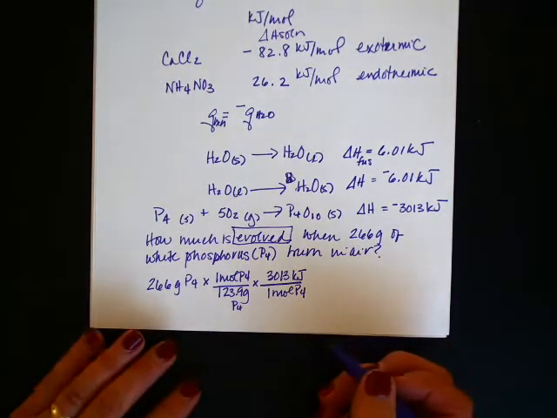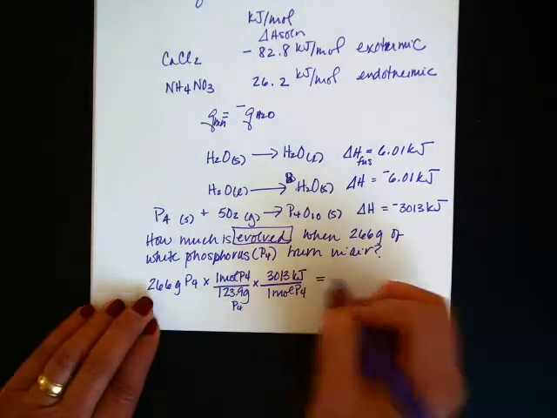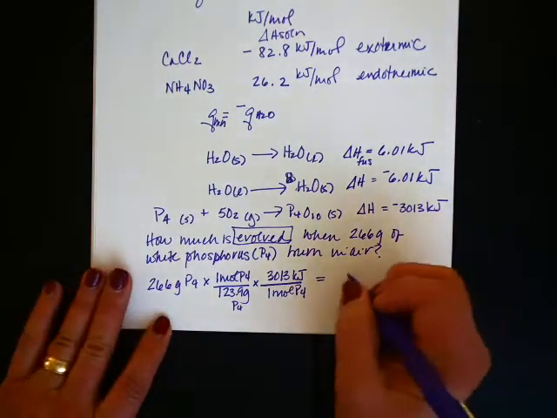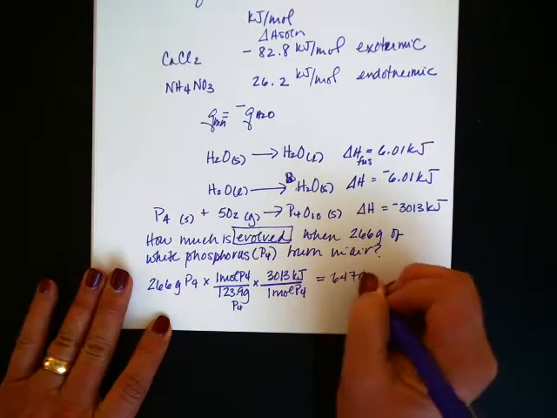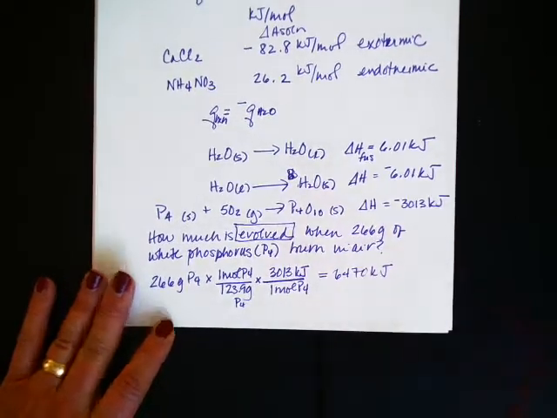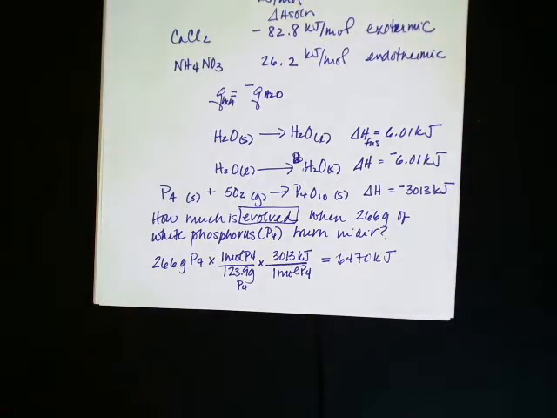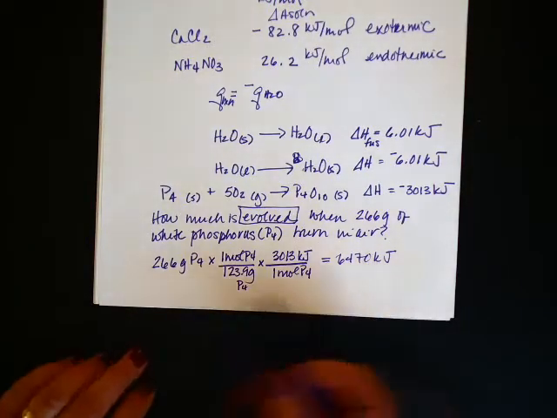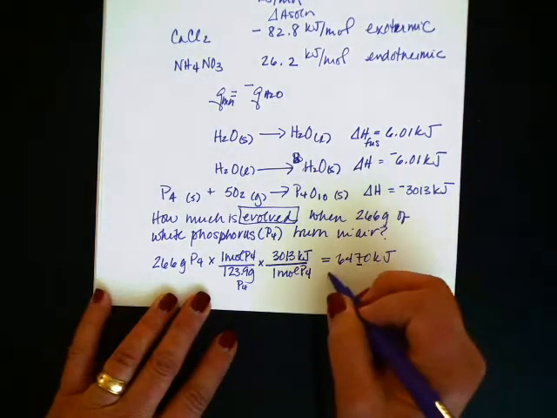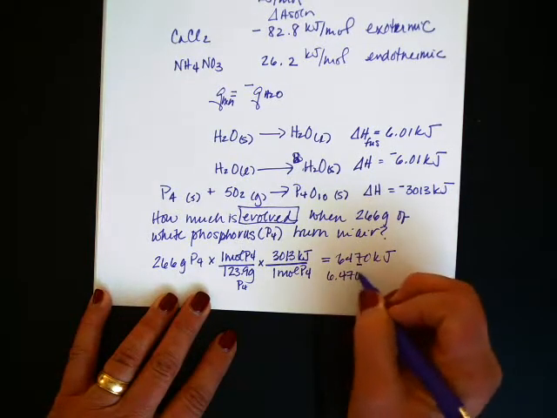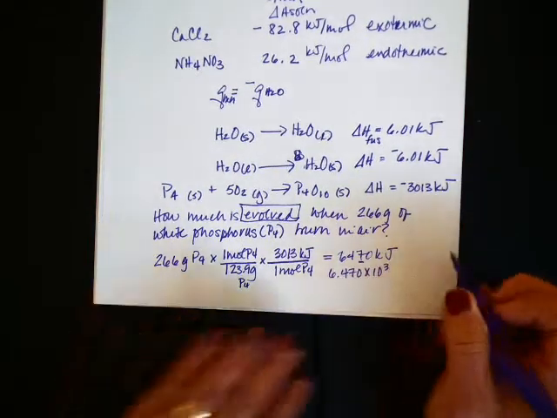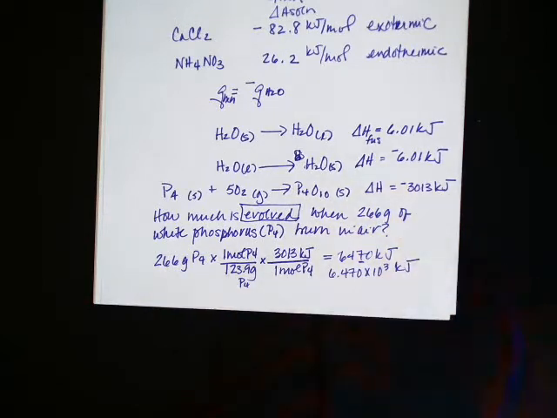And so what this turns out to be is 6470 kilojoules generated by that mass of P4. We require 3 sig figs here, which means I have to put that in scientific notation. And that is the amount of heat evolved or given off by that process or reaction.